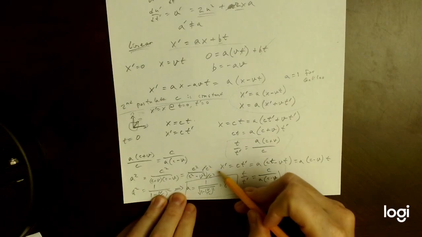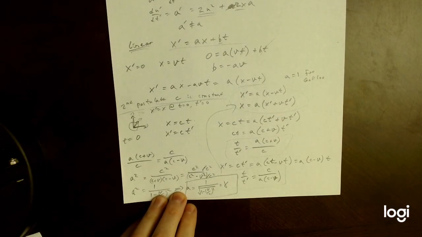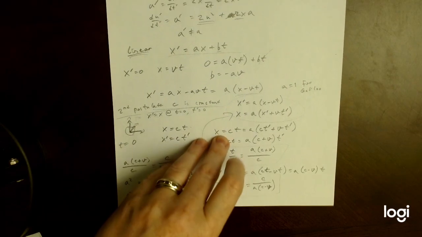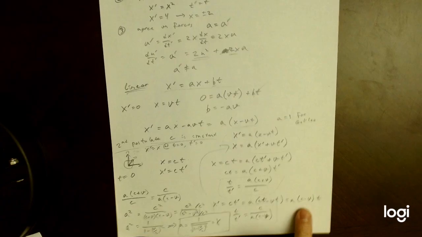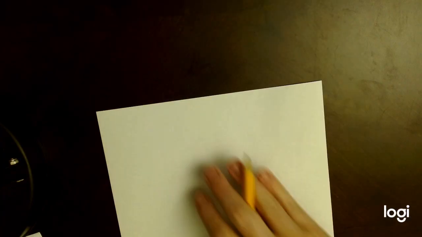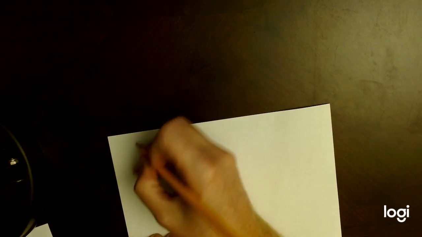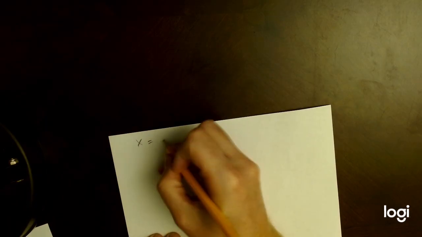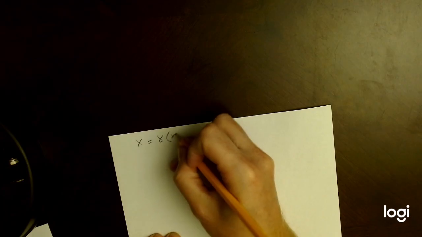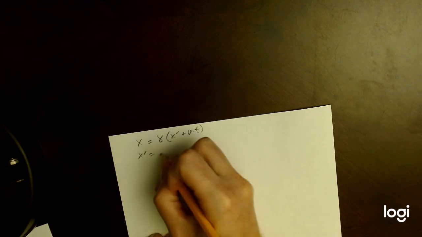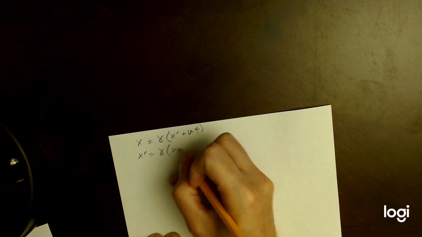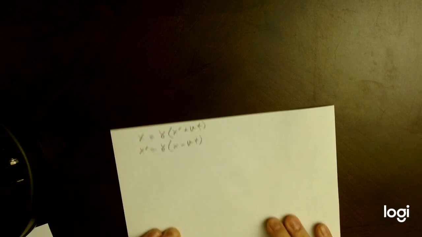And now all we have to do is put that back in here. I'm going to flip my page, so if you need to pause to look at anything, do so. So our transformations now look like x equals gamma (x prime plus vt prime), and x prime equals gamma (x minus vt), like that.